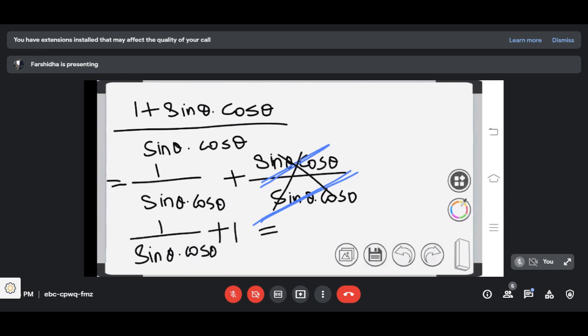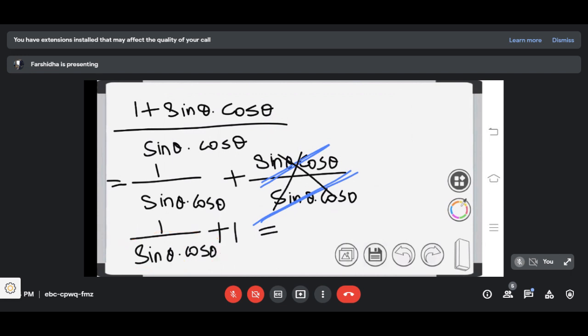See, 1 by sine theta into cos theta, that means reciprocal of sine theta and cos theta. So write, what is 1 by sine theta? Reciprocal of sine is cosec. Then 1 by cos theta. Reciprocal of cos is sec.